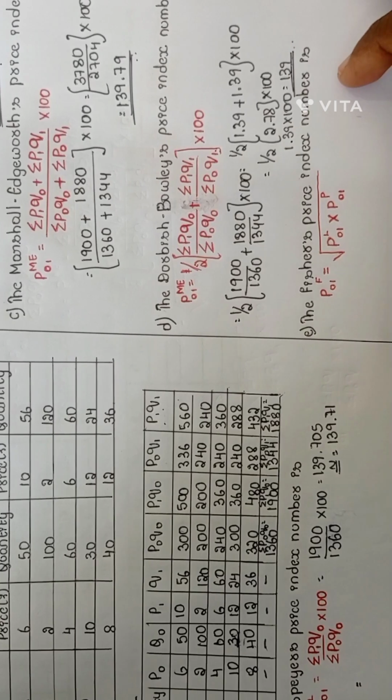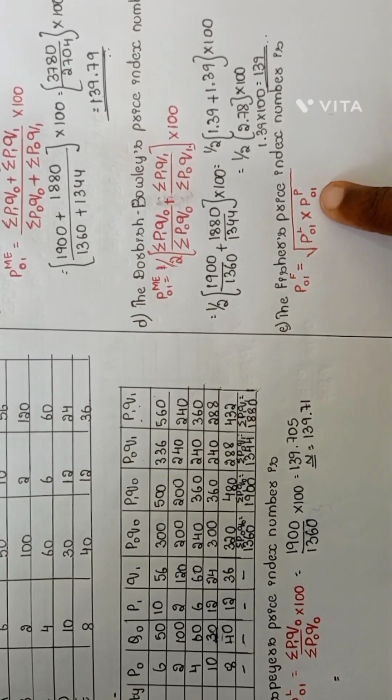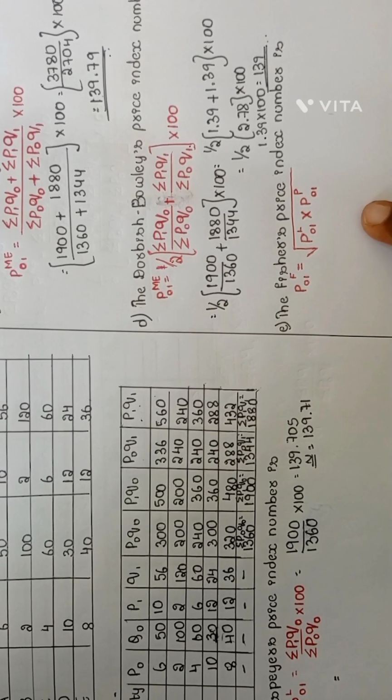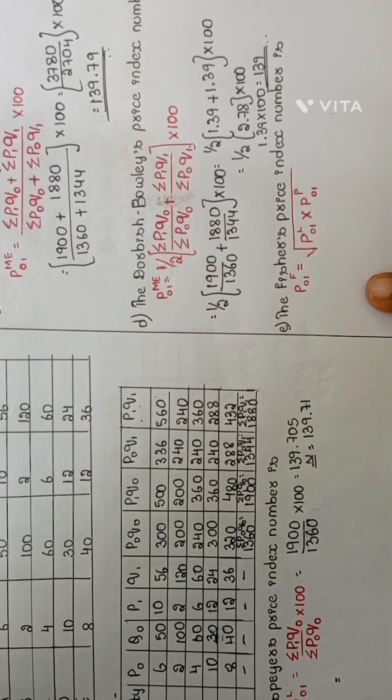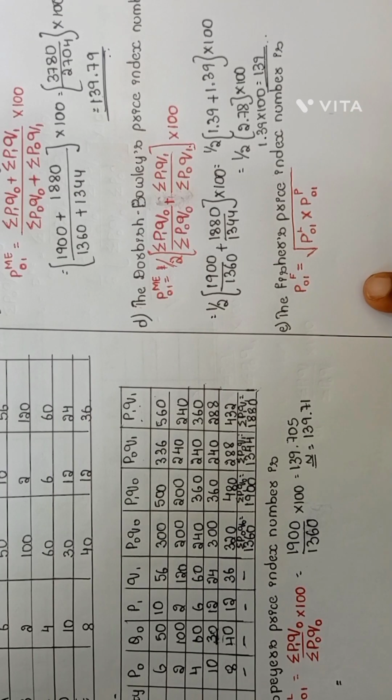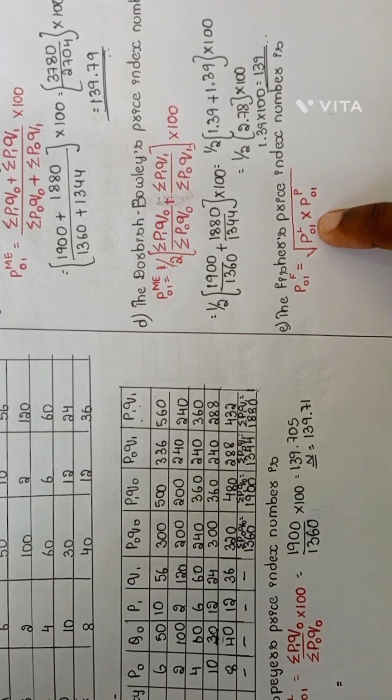Okay, next let's compute this Fisher's price index number. We have a separate formula for this. We have another formula. If they have given a separate sum, you can use the formula. In this channel only I have did a video based on that. If you want, you can see that. Now they have given a combined formula, so it's better to use this because it will be easy to compute.